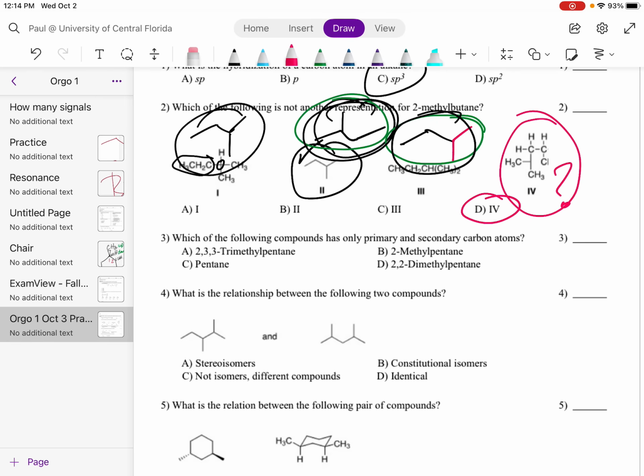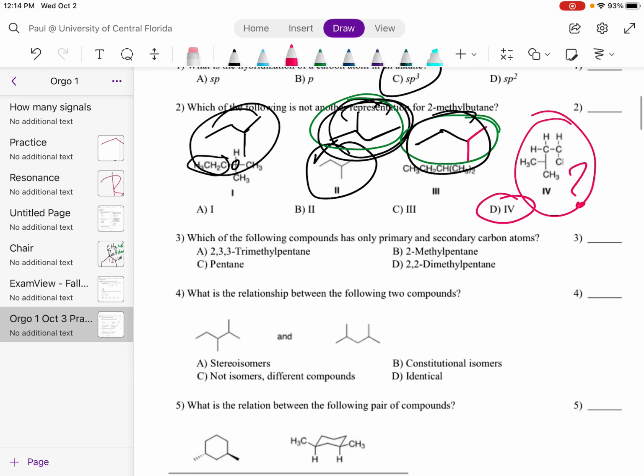Question 3, which of the following compounds has only primary and secondary carbon atoms? So now we just have to draw out each structure. Okay, trimethylpentane. So the way I approach that, the pentane means 5. So I'm just going to measure out 5 right from the start. 2, 3, 4, 5, like this.